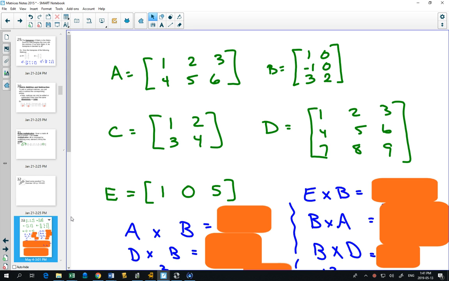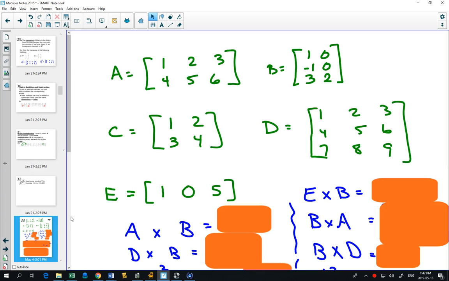So for this next part, we're going to do an activity. Adding and subtracting is so easy that you would have figured it out right away. Multiplying by a number in front is so easy that you would have figured it out right away. But now we're going to look at A, B, C, D, and E, and we're going to multiply them.